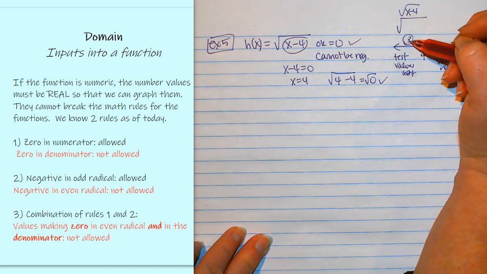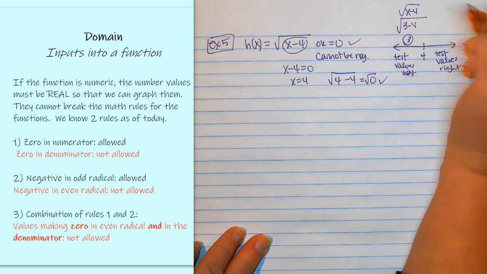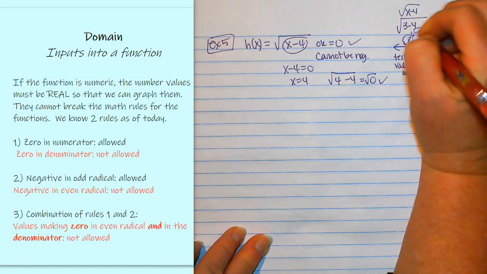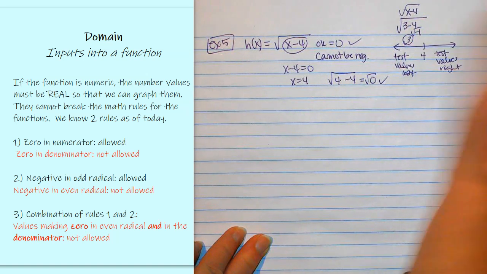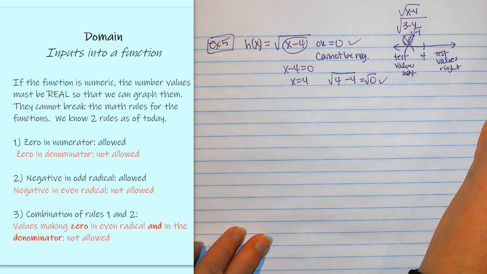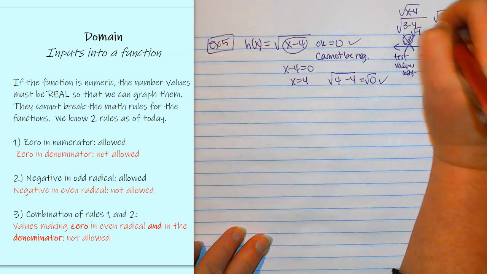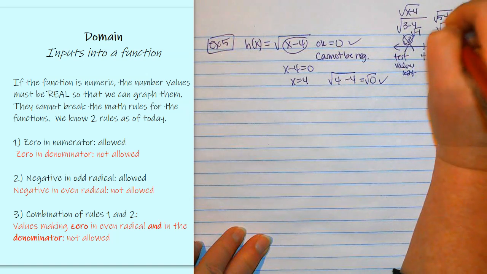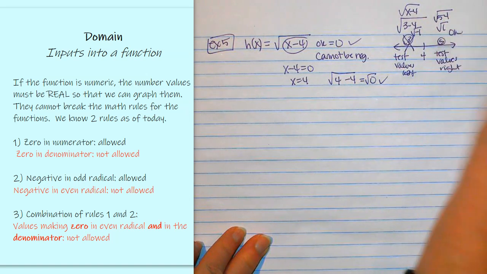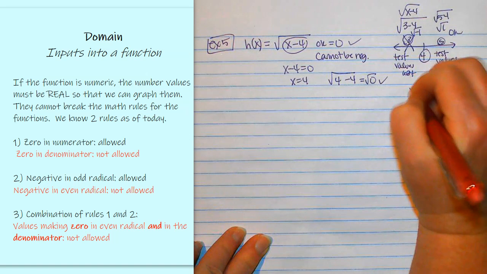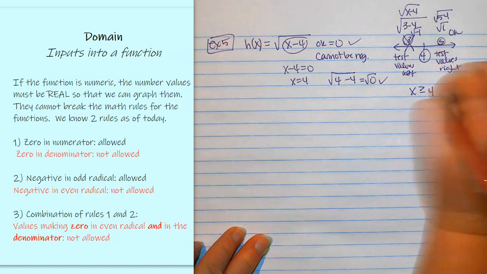We're going to plug in 3. 3 minus 4 is going to be the square root of negative 1, and that's not allowed. So numbers over here are not allowed. And if we plug in 5, we'll have the square root of 5 minus 4, which is the square root of 1, which is allowed. So we can say that x can be equal to 4 and greater than 4, and that is our domain.